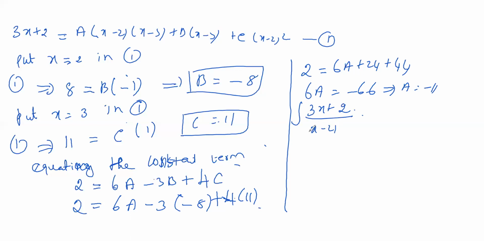which becomes the integral of 3x plus 2 by x minus 2 the whole square into x minus 3 dx, equal to: first one is minus 11 by x minus 2 dx.